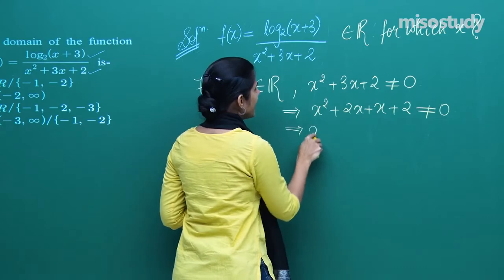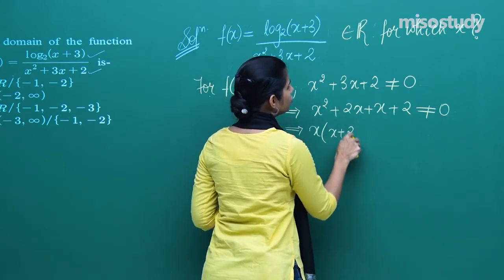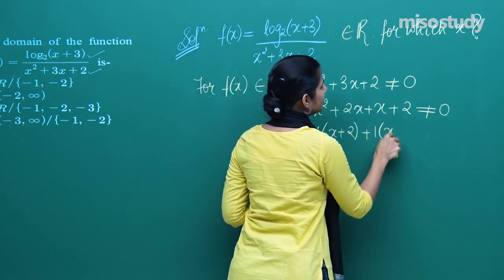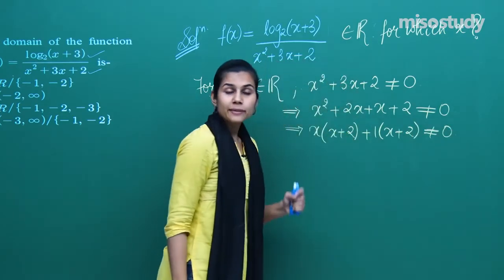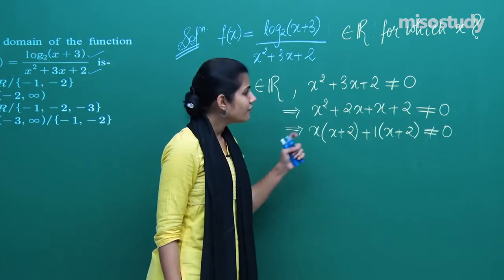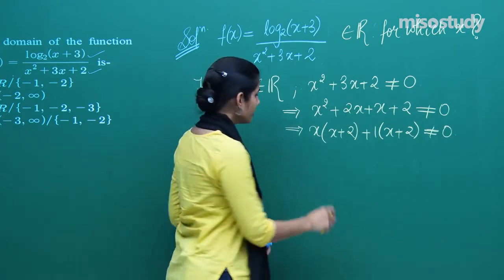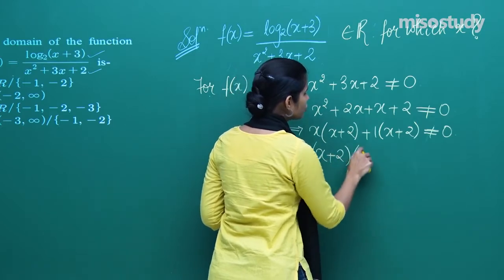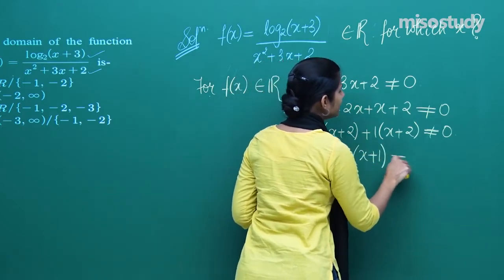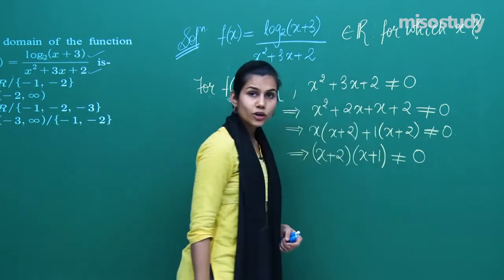This means x(x plus 2) plus 1(x plus 2) should not be equal to 0. I am just breaking the middle term, solving this quadratic equation, and collecting the like terms. You get (x plus 2)(x plus 1) should not be equal to 0.